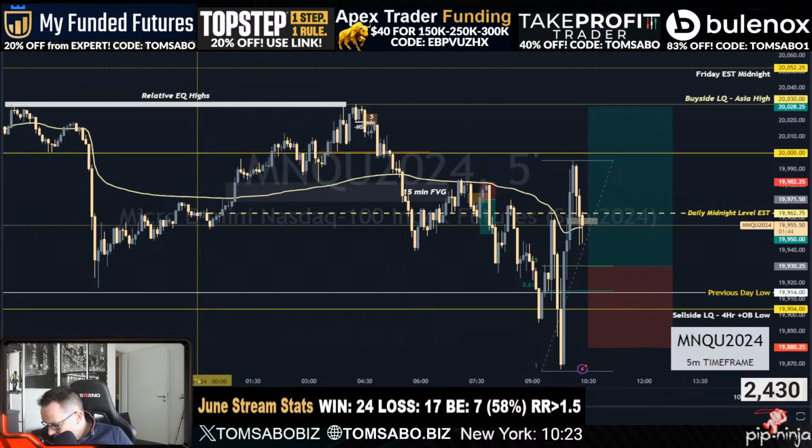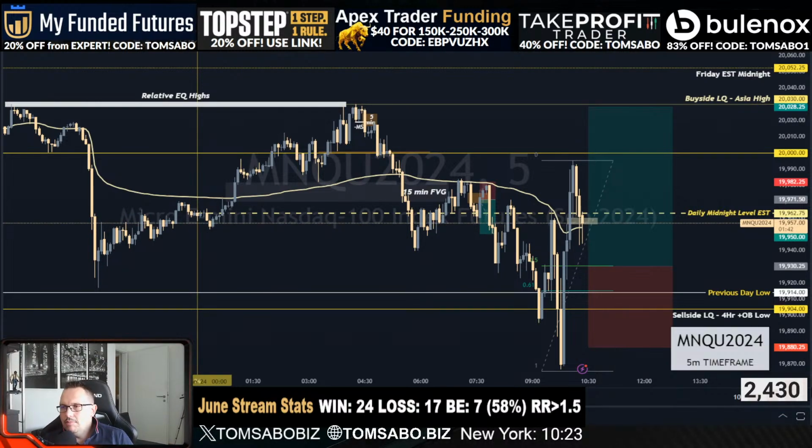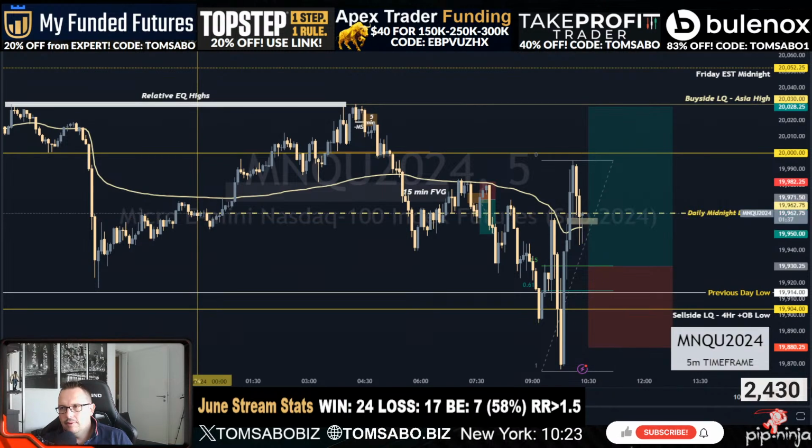If we don't look at the fair value gap, this is a bullish breaker on Nasdaq on the 5 minute. Not too perfect, but it's a bullish breaker. Fair value gap is still holding.